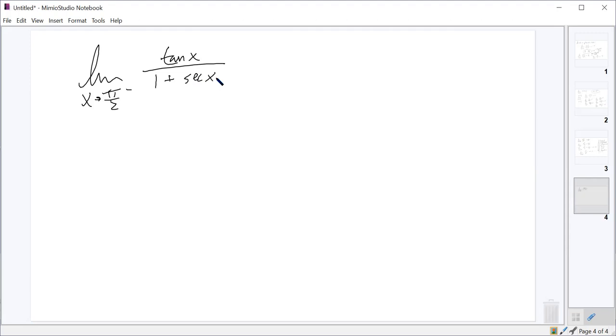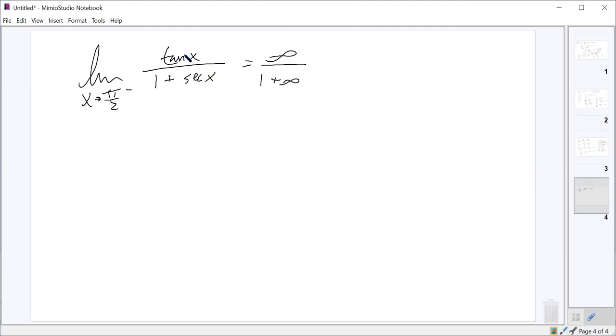And sometimes people have difficulty evaluating these limits with the trig functions approaching a value like pi over 2. And so we would note here that if we were to plug in pi over 2, well, the tangent of pi over 2, that's approaching an asymptote. We say that the tangent of pi over 2 is actually undefined, right? But it's approaching a vertical asymptote. So this is really infinity over 1 plus infinity.